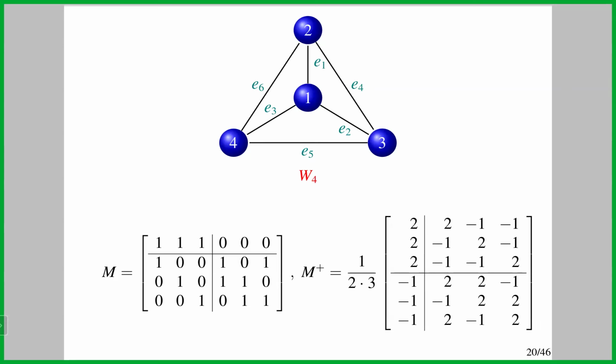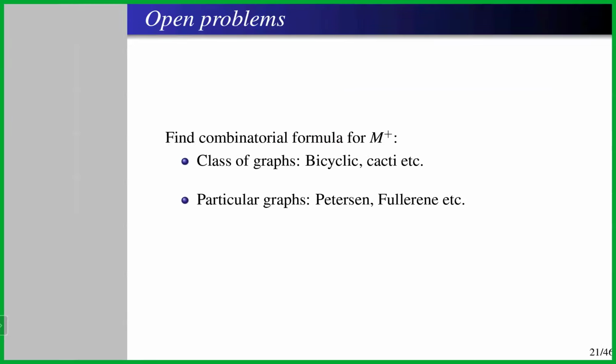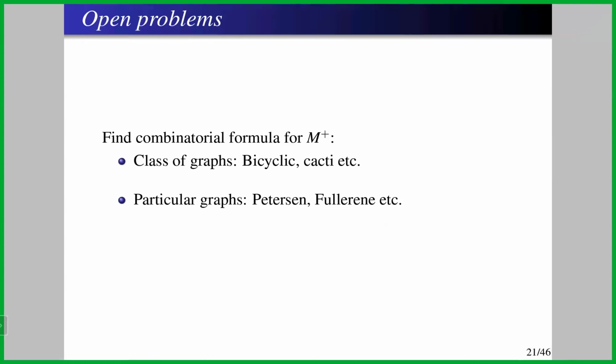But there are a lot of graph classes you can consider. If you have undergraduate students and want a quick undergraduate project, you can pick a particular graph, maybe the Petersen graph or Fullerene. You can find the Moore-Penrose inverse of their incidence matrix.